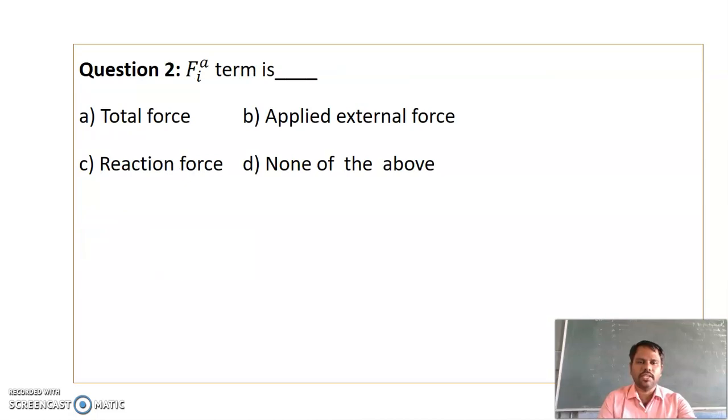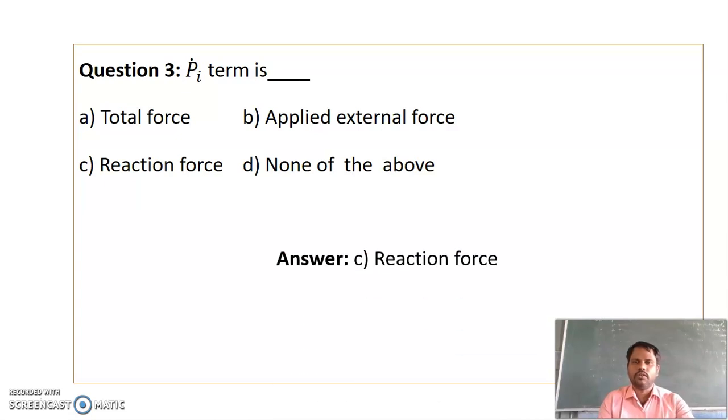Fi^a term is the first term, which is the applied external force. So the answer option is B. Question number 3. Pi dot term is a reversed force, so it is known as reaction force.